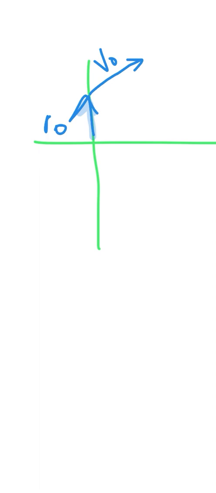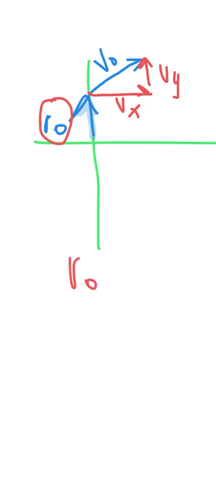And this is the initial points of the projectile motion that was given. But there are two other values here: Vx and Vy.